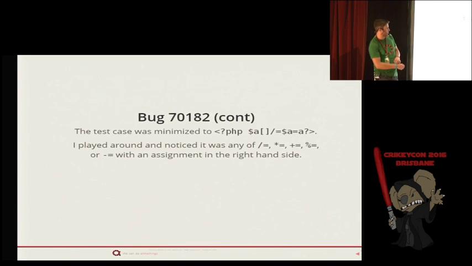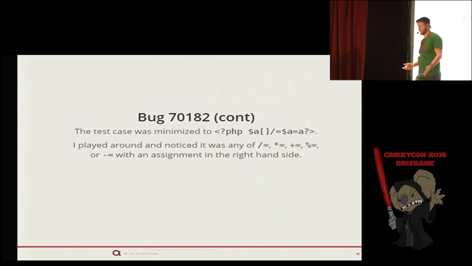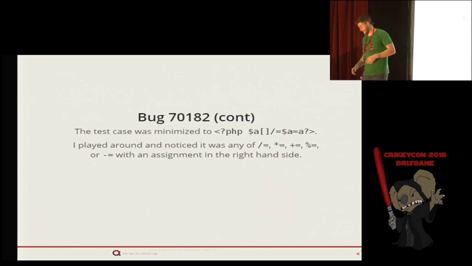So the test case got minimized to this. For those of you that don't know PHP, that's just an opening tag to say it's a PHP file. That $a is a variable. We're appending something to the array, we're divide-equaling whatever that is, and sending it to $a, which is potentially an array, but at the moment it's nothing, and then we're sending it to a, which is just a constant string because it's not wrapped around anything.